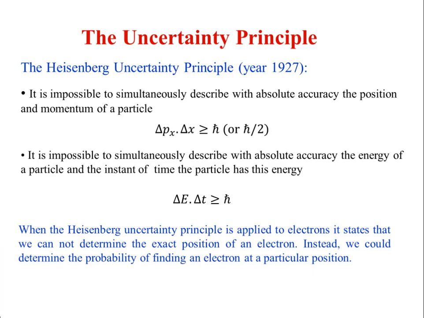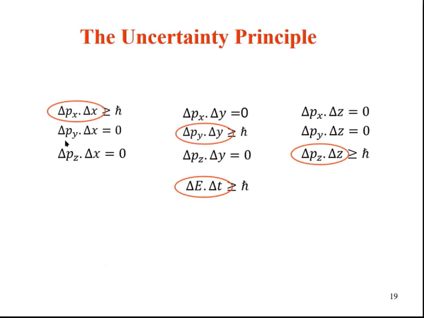It is important to note here that the uncertainty principle is valid only for uncertainty in position measurement along x-axis and momentum measurement along x-axis. If we measure the momentum along y-axis and position along x-axis, then the product of uncertainties can have any value. It may be less than h bar.